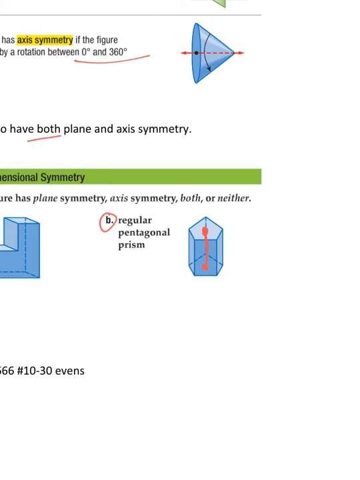You could spin this thing around in your hand, that being the axis of rotation. Does it map back onto itself? It does. So this has both plane and axis symmetry. You could cut it and it maps onto itself, and you could rotate it and it maps back onto itself.